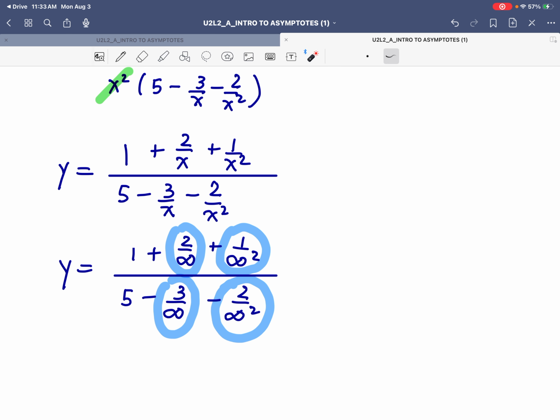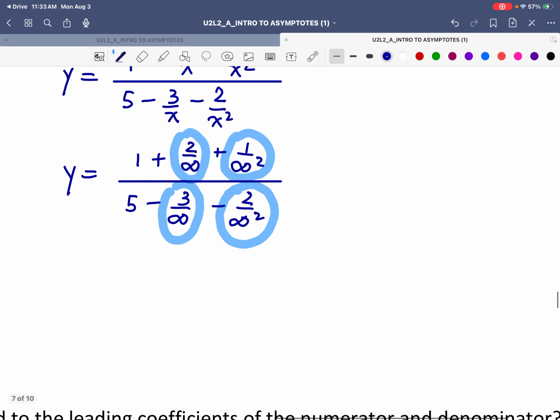So they're all zeros. You're going to say, well, 0 plus and 0 minus, they're all zeros. But let's say that we want to be very precise in here, or as precise as we can. So 1 plus 0 plus plus 0 plus over 5 minus 0 plus minus 0 plus.